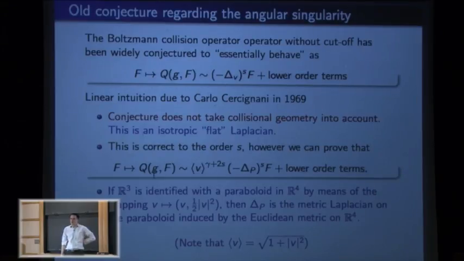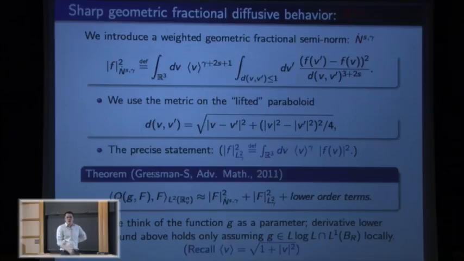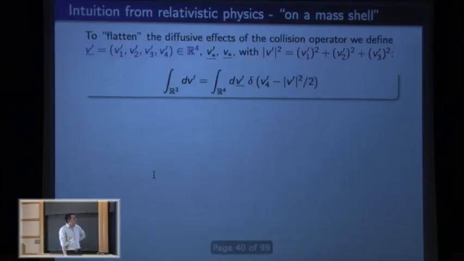And to prove the kind of results that we are interested in, you need the correct sharp global behavior. We figured out what it was, and that was a very important part of our proof. Okay, so I explained to you where the intuition for this norm comes from, rather than explaining the proof.